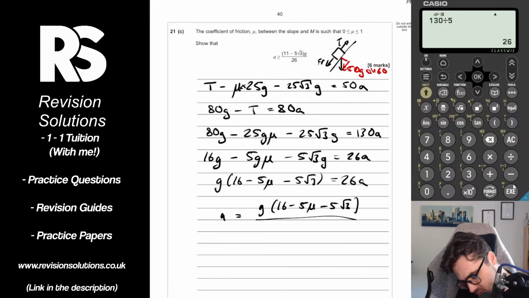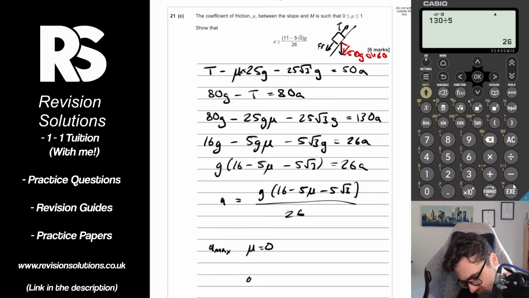over 26. And if we think about it, the acceleration is going to be a maximum when mu is 0. So a max is when mu is 0. That means a must be greater than... Sorry, we want the minimum, don't we? Yeah, we want the minimum if we want to think about what a must be bigger than. So the minimum would happen when mu is 1.